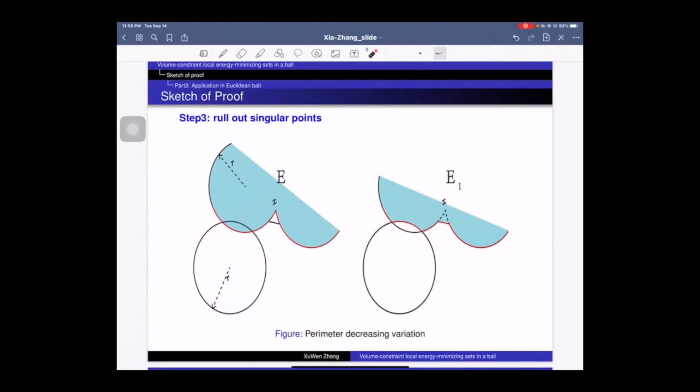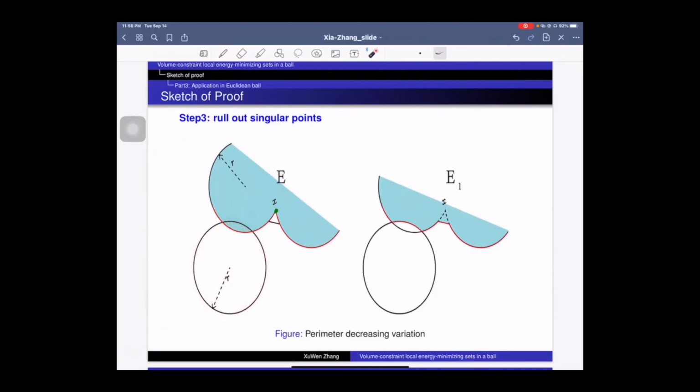Precisely, if there exists some singularity X here, then near X we can find some regular part, and we can use a ball with radius r to intersect this ball, and we will have this portion, the intersection of them.